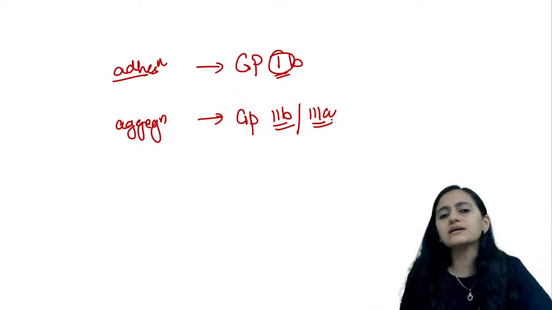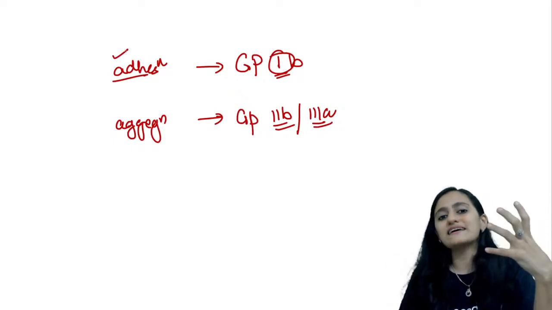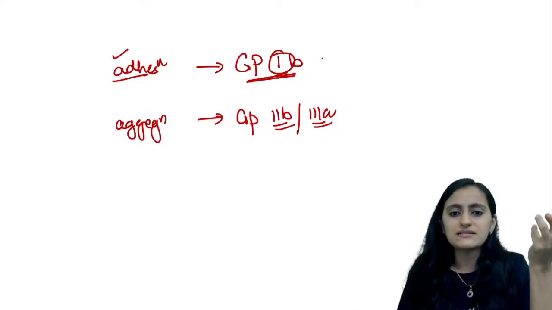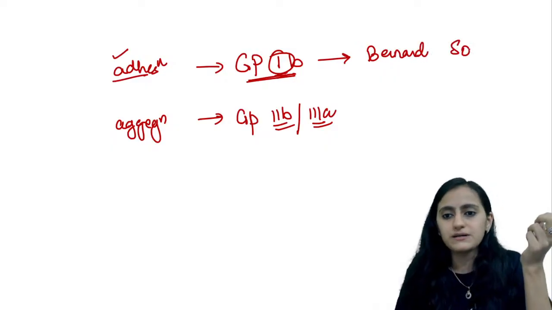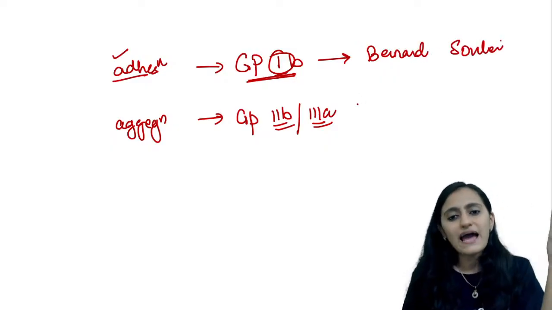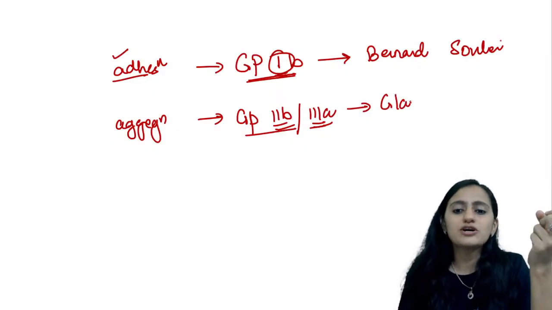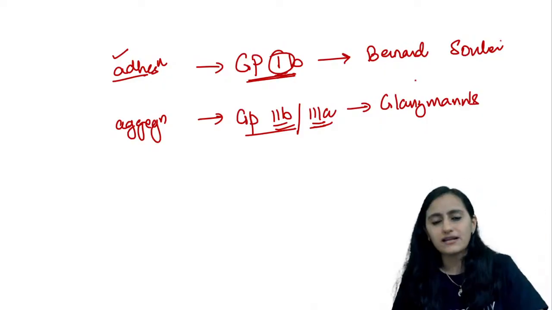So 2B3A is for aggregation. So when we say that there is platelet adhesion defect disorder, basically there is problem in GP1B receptor, and the disorder is your Bernard-Soulier. While for aggregation, where there is GP2B3A defective, it is your Glanzmann's. It is your Glanzmann's thrombasthenia, which is your aggregation.